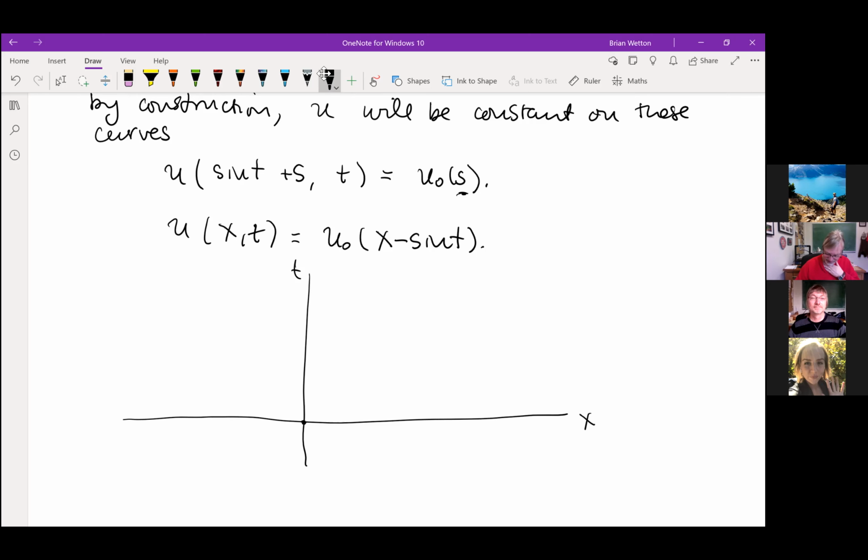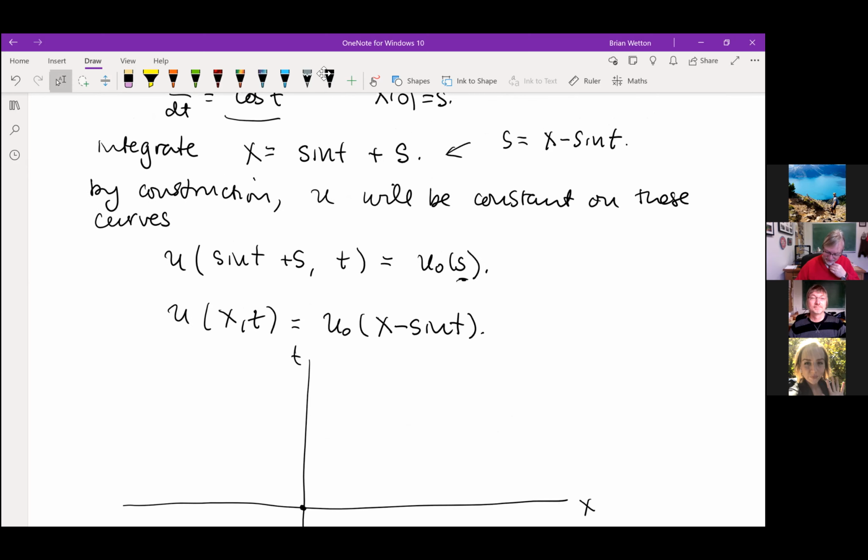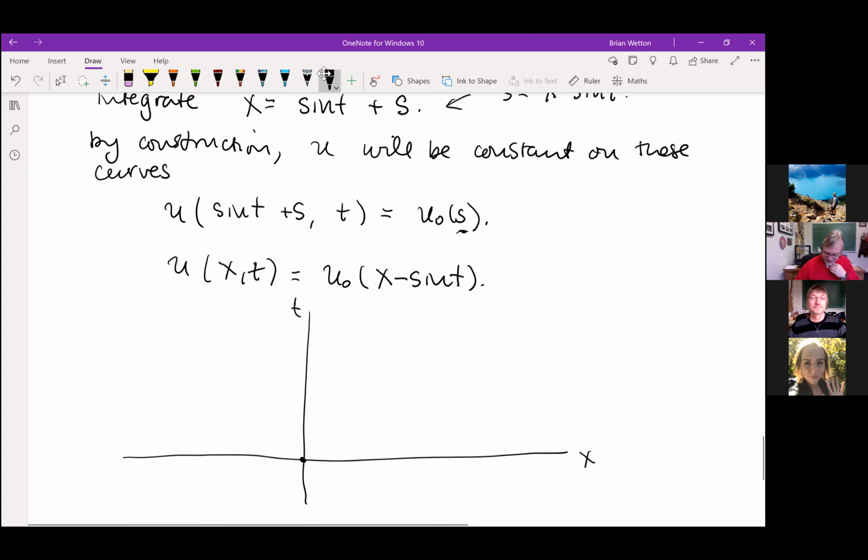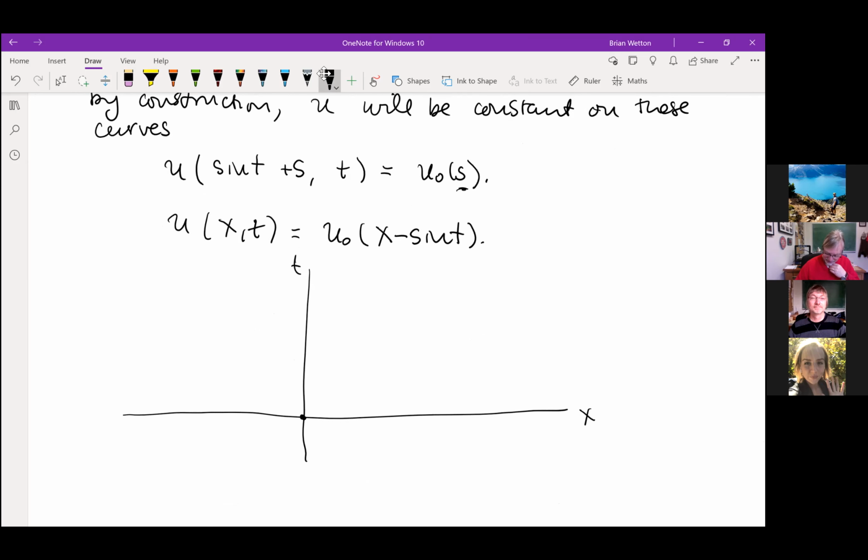So if I start here and I'm doing x is sine t plus s, and s is 0, once I get to time pi, I'm going to come back.